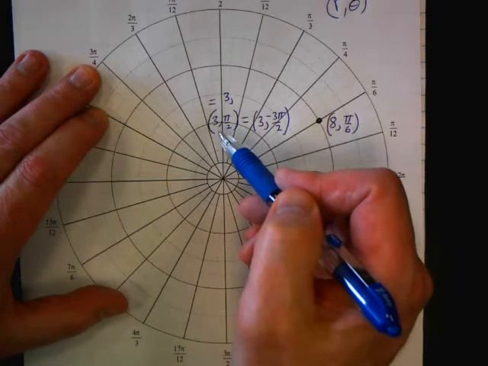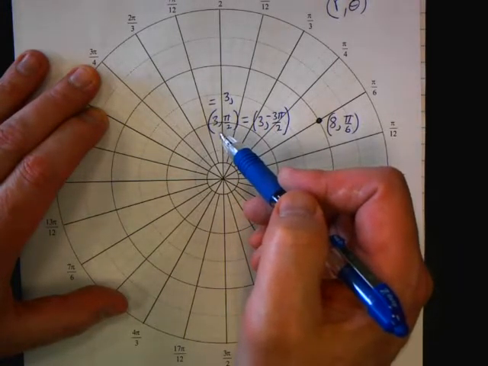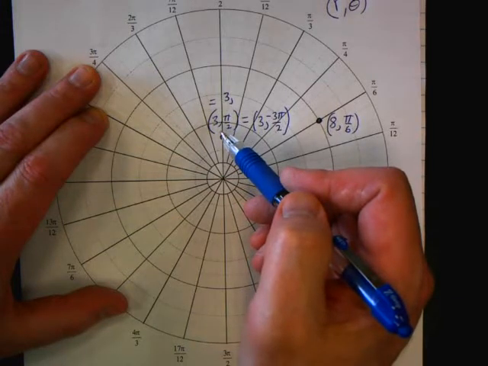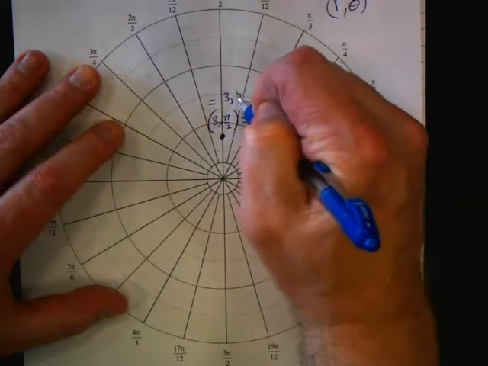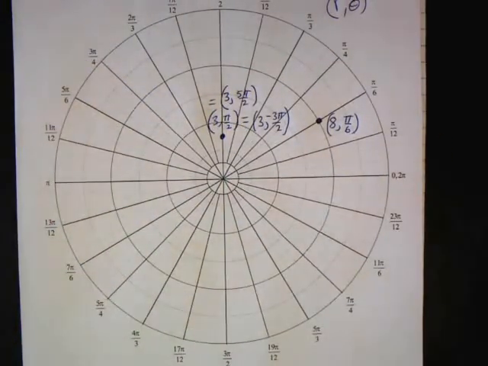What's 2 pi plus pi over 2? 5 pi over 2. So I could also call that the point 3, 5 pi over 2. How many different names are there for that point? Infinite. There are an infinite number of different ways that I can name that point in polar coordinates. And that's going to make some of our graphs interesting.